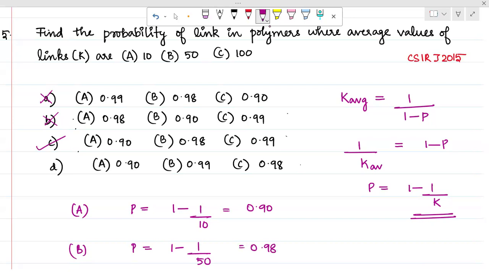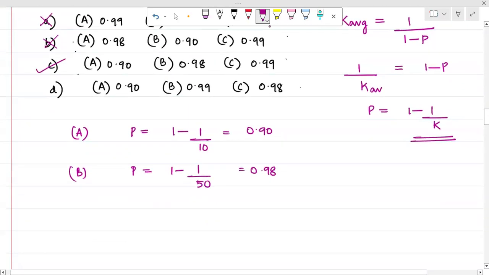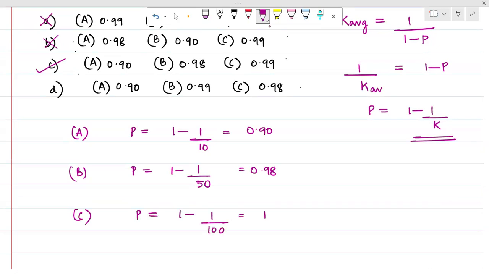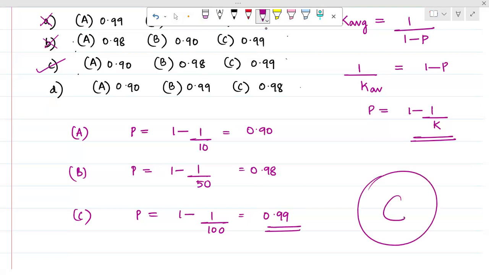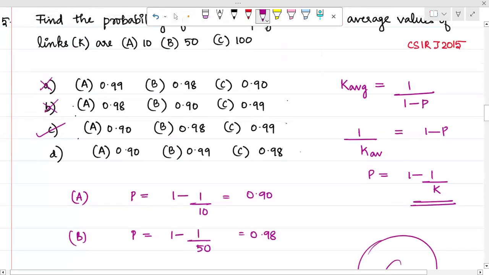Let's check the last one as well. C, P is equal to 1 minus 1 by 100. 1 by 100 is going to be 0.01. 1 minus 0.01 is 0.9. So the correct option to this question is option C. Very easy. You need to know this equation, that's all.